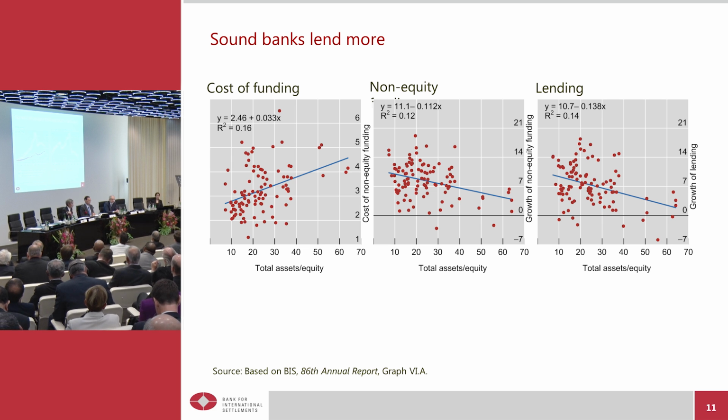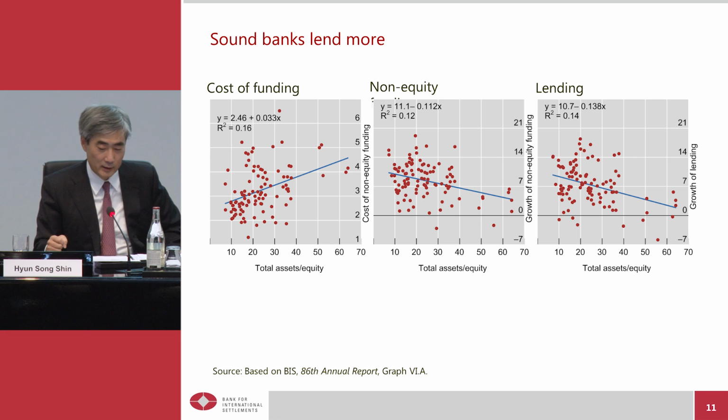As you go to the right, the bank is more leveraged, and the height of the dot gives you the funding cost of this bank. Now the scatter chart is quite dispersed, but this is a summary chart of the means only, so it overstates the noise. When we do the detailed empirical analysis, we find that more equity is associated with a significant reduction in the cost of the bank's funding.